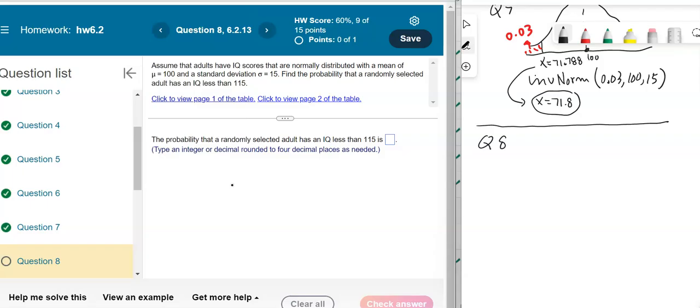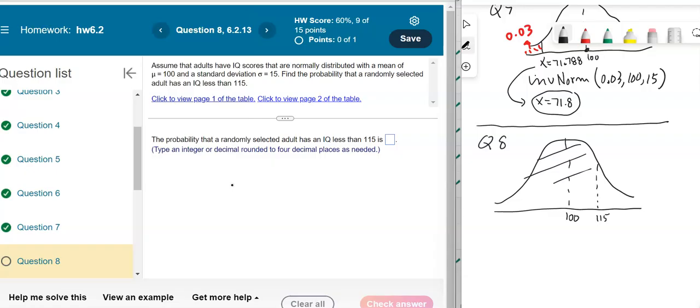Now find the probability that a randomly selected IQ is less than 115. So over here, this is 100, 115. They want to find this area. So find the area using normal CDF.